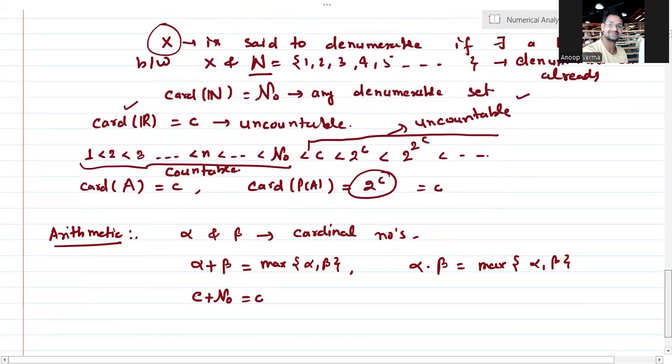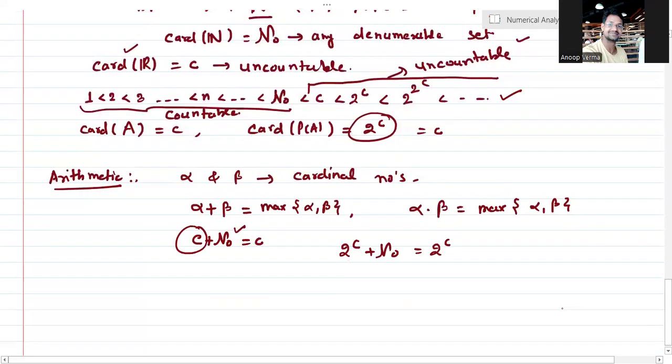It will be C, because C is greater than aleph naught in the increasing order of cardinal numbers. If we write 2 to the power C plus aleph naught, definitely it will be 2 to the power C. And remember that 2 to the power aleph naught is equal to C. Remember this.